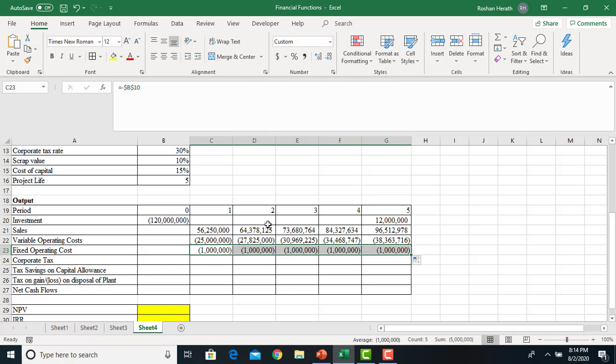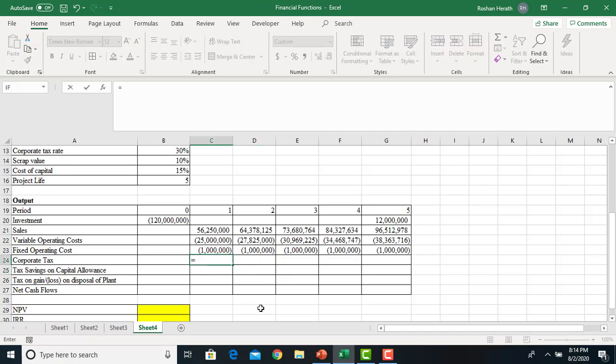These are the cash items. So considering that, you may compute the profit and thereby compute the tax. Then take the capital allowance separately. Since it's a deductible expense, compute the tax saving on that. So the corporate tax, you can simply take the summation of this.